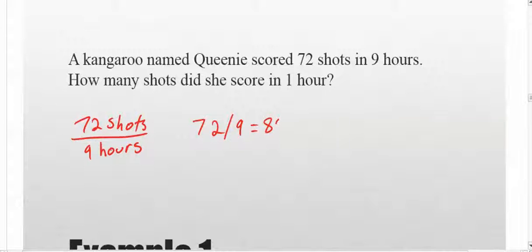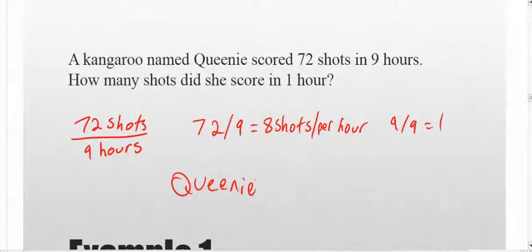And then shots per hour. And then you do 9 divided by 9 equals 1. So the kangaroo, Queenie, scored 8 shots per hour.